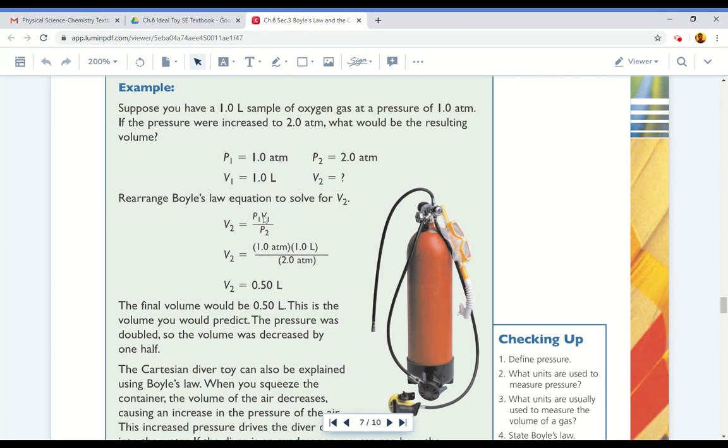Volume 2 equals pressure 1 times volume 1 over pressure 2, where pressure 1 was 1 atmosphere and volume 1 was 1 liter.